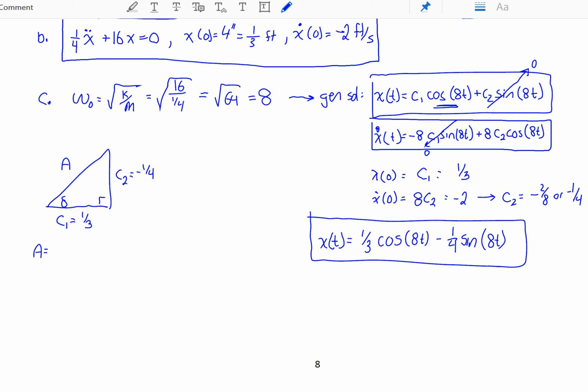Which tells us our amplitude of motion, A, would have to be the square root of 1/3 squared plus -1/4 squared.